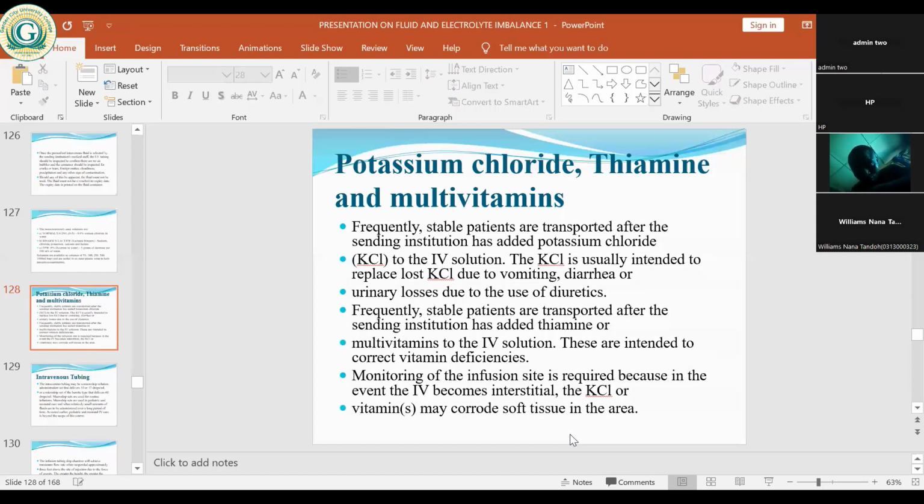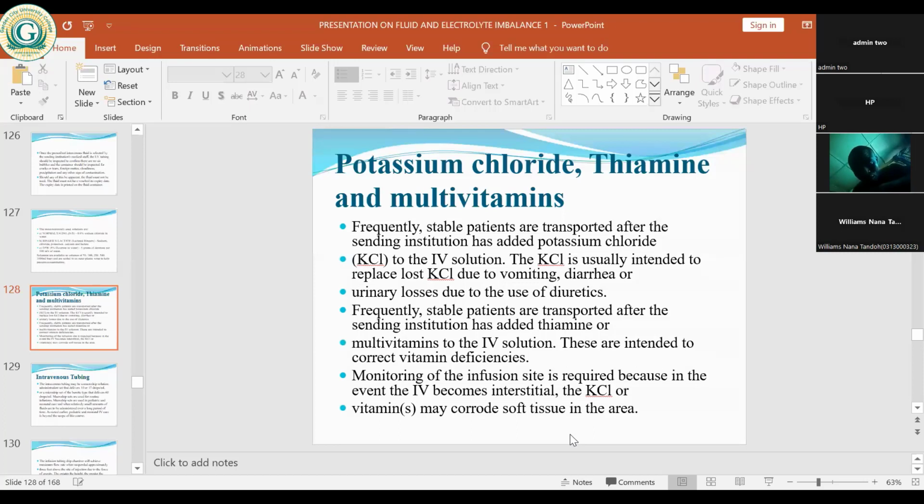Monitoring of the infusion site is required because in the event the IV becomes interstitial, it can cause tissue necrosis. From now on, don't say that the patient's hand is swollen. No, you have come to a BSc program, be more technical, be more professional.